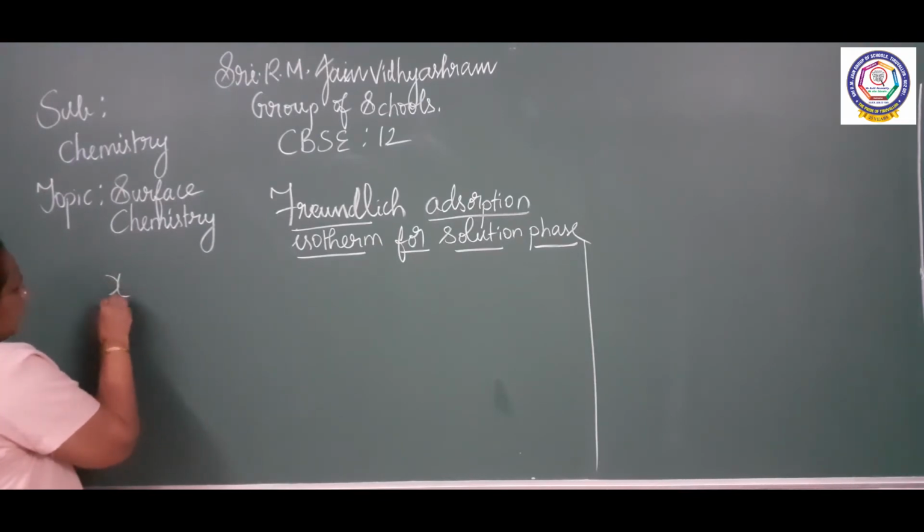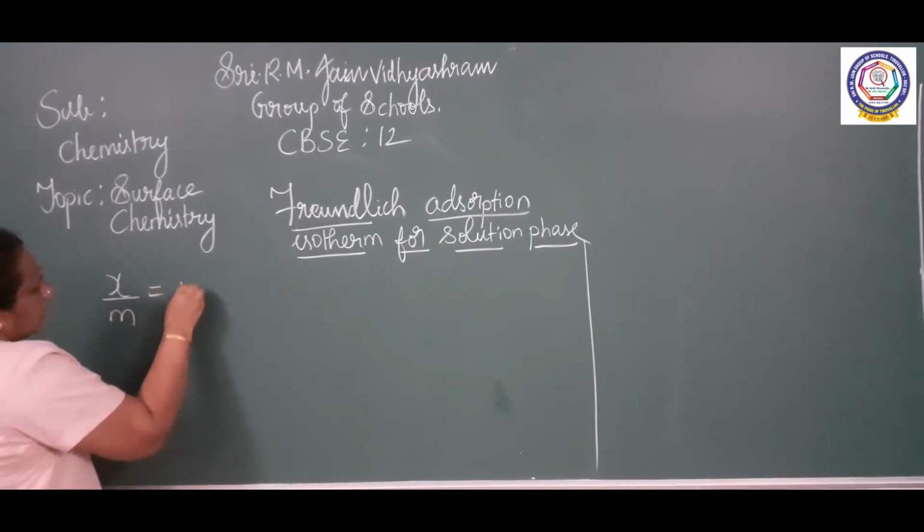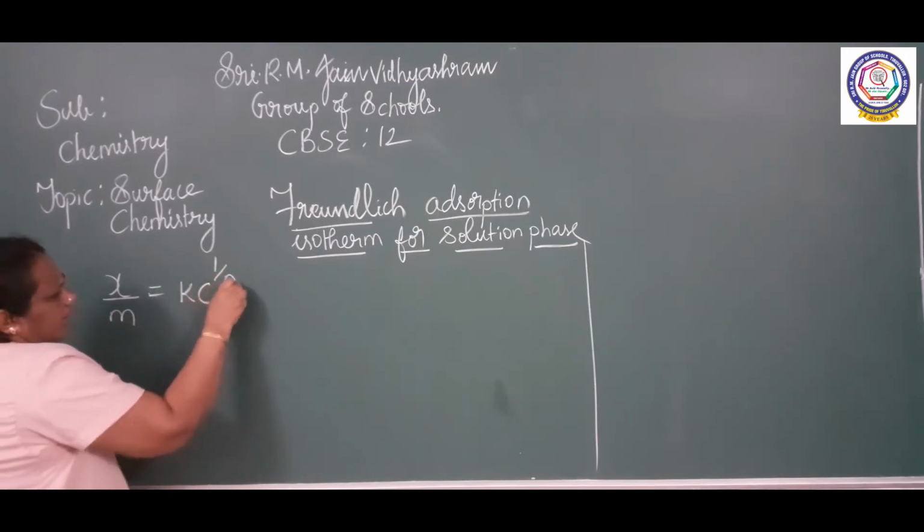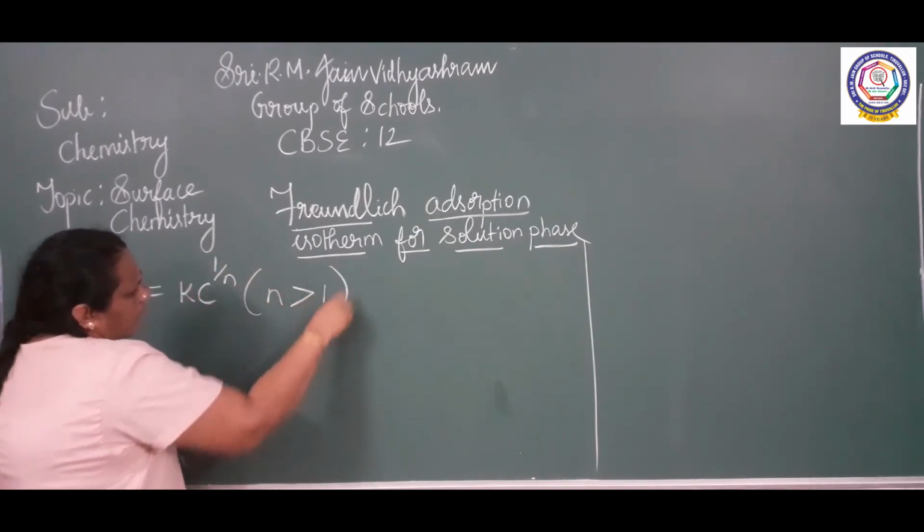x by m is equal to k into c power 1 by n, where n is greater than 1.